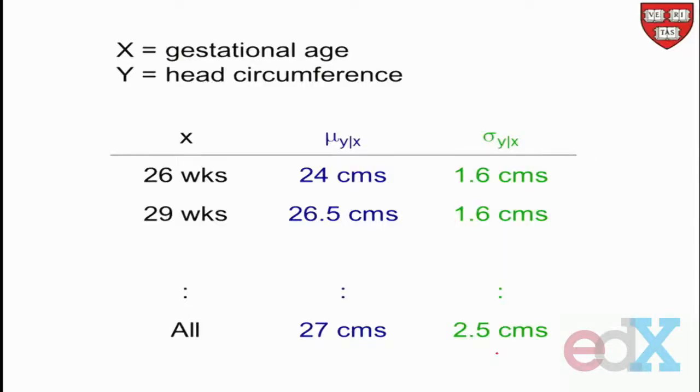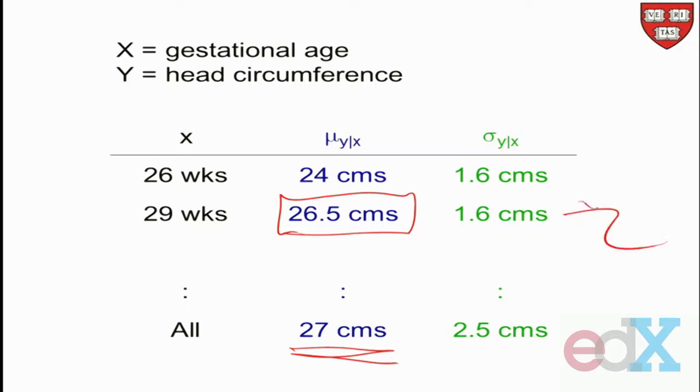All right, what happens with 29 weekers? Suppose for 29 weekers we observe that the head circumference is a little bit more than the 24 centimeters. It's 26.5. It's not quite at the overall mean yet. The standard deviation, once again, is smaller than the 2.5, at 1.6, the same as before.